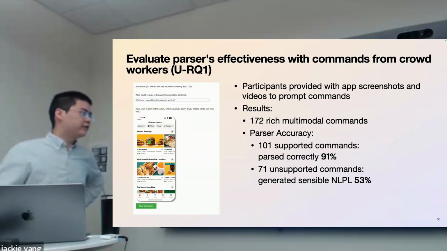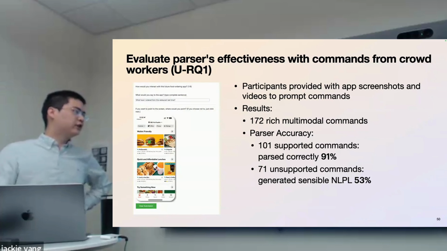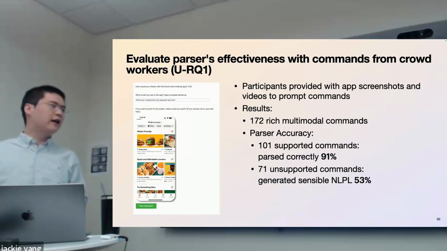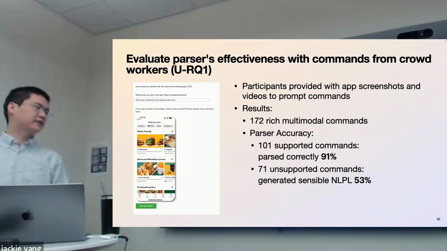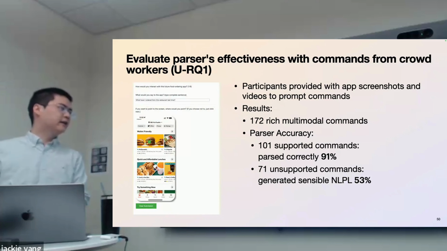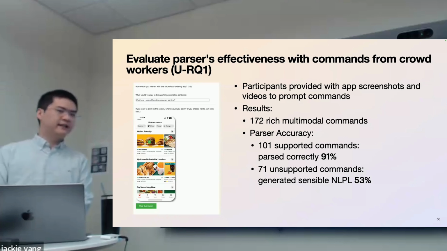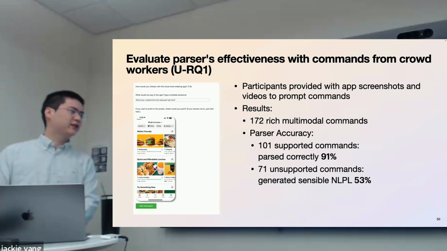We gathered 172 rich multimodal commands, and out of them, 101 commands are supported, meaning our state code actually has the functionality that they asked for. Out of those commands, React Genie can correctly parse 91% of them. There are also some commands where they ask for things that our state code doesn't currently support, and it can still generate sensible NLPL for 53% of them. I'll talk about this definition of sensible later.